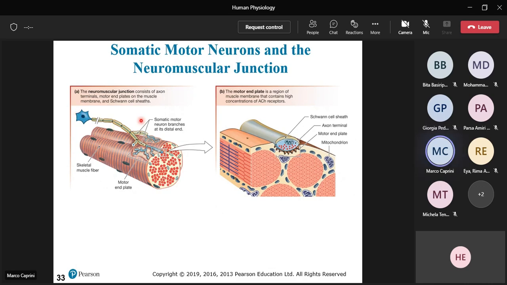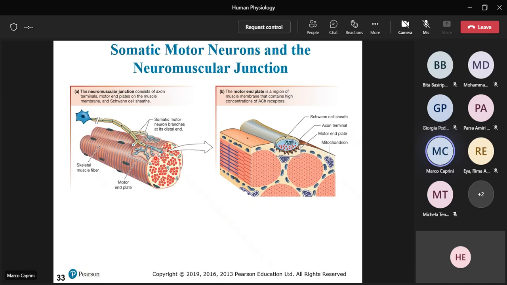And as is depicted in this figure, the somatic motor neuron branches at its distal end here, forming the neuromuscular junction in the skeletal muscle fiber. This structure is also called the motor end plate, okay?